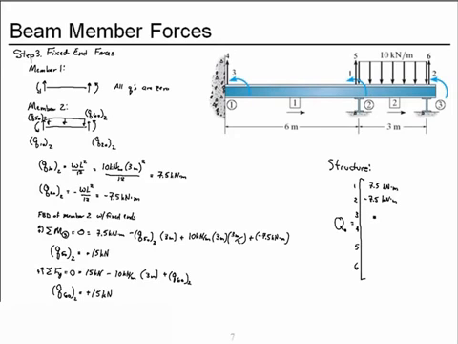At degree of freedom 3, we have no fixed end force. Degree of freedom 4, none. Degree of freedom 5, we found to be a positive 15 kilonewtons, and at degree of freedom 6, also a positive 15 kilonewtons.